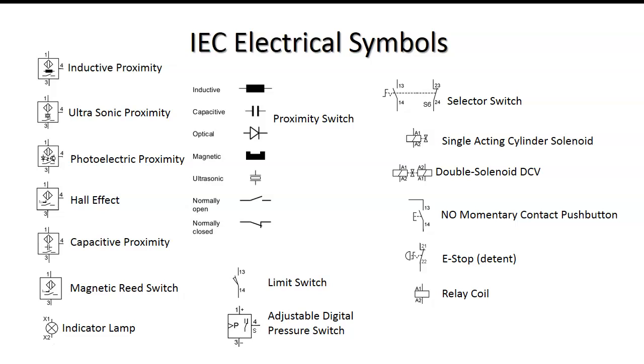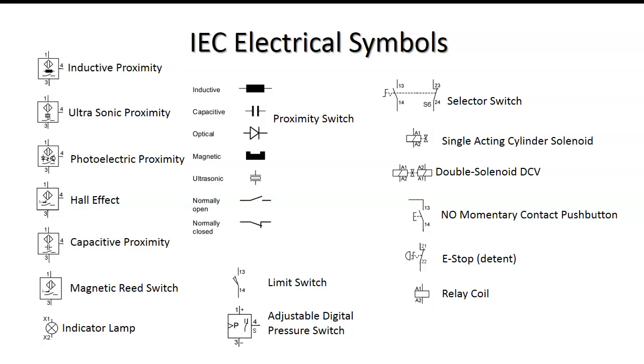So we have inductive sensors, capacitive sensors, optical sensors, magnetic sensors, ultrasonic sensors, and then a normally open and normally closed contact. There are probably symbols for more. Of course, you can look these up, especially on your diagram if you see one that we're not going to cover. We're going to cover pressure switches.